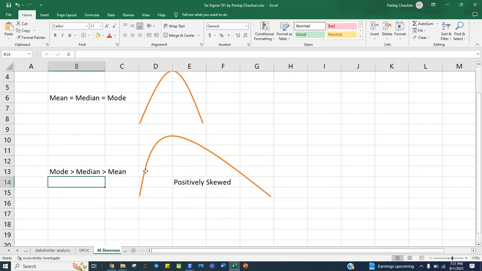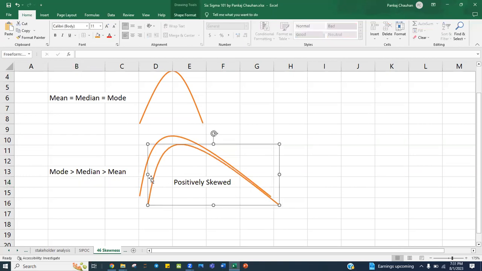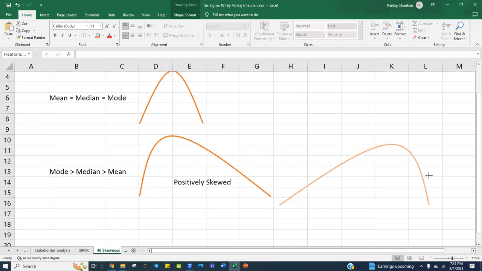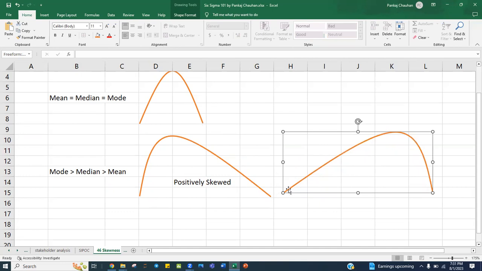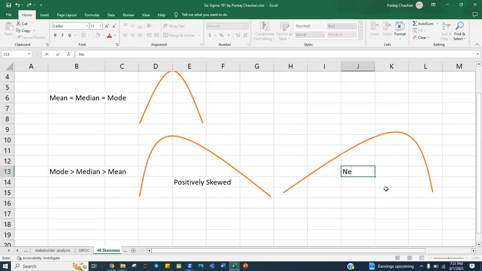Opposite to that, if you just take a mirror image of this data and do it like this, this kind of data, when the tail of the data is on your left hand side when you are looking, is called negatively skewed data.